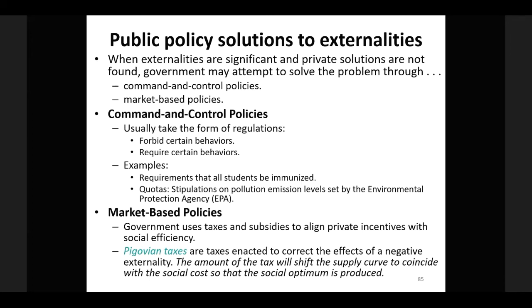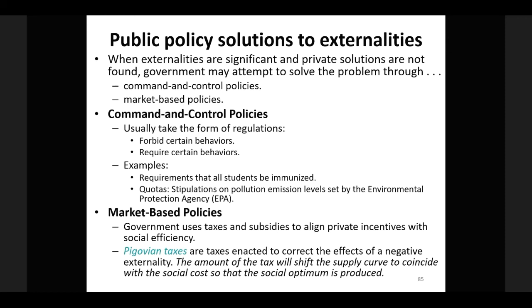For instance, government can come in with a regulation to require all students to be immunized if the immunization of one particular student is creating a lot of positive externalities which is not being paid for, not being compensated for. Government can come in here and say everybody must be vaccinated, compel the people, pass the law to make sure they are vaccinated. This is the kind of command and control policy to address externality.